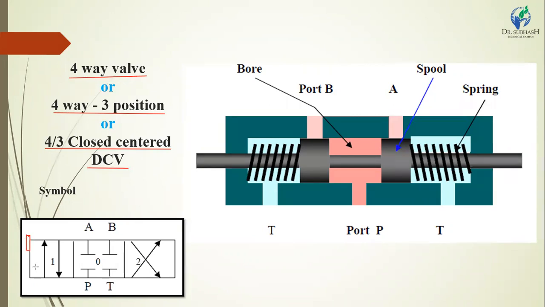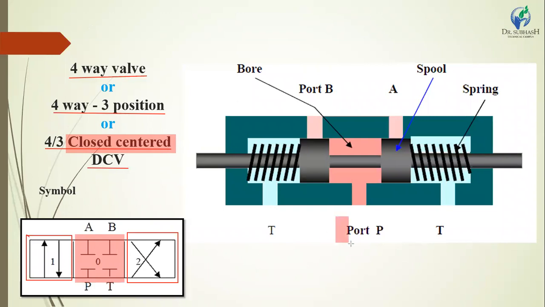Position 1 and position 2 we covered in our previous slide. Here we have to study the middle position, which is the closed center position. This diagram shows that the center position is closed.